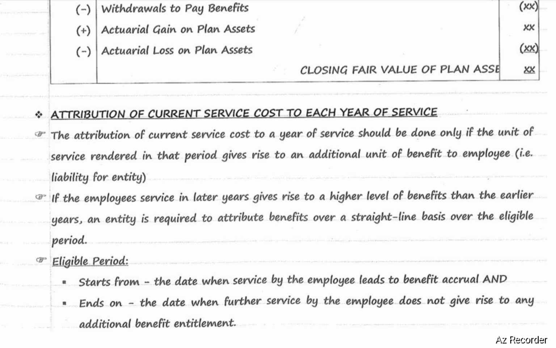If the employee's service in later years gives rise to higher level of benefits than the earlier years, an entity is required to attribute benefits on a straight line basis over the eligible period. Eligible period starts from the date when service by the employee leads to benefit accrual and ends on the date when further service by the employee does not give rise to any additional benefit entitlement.